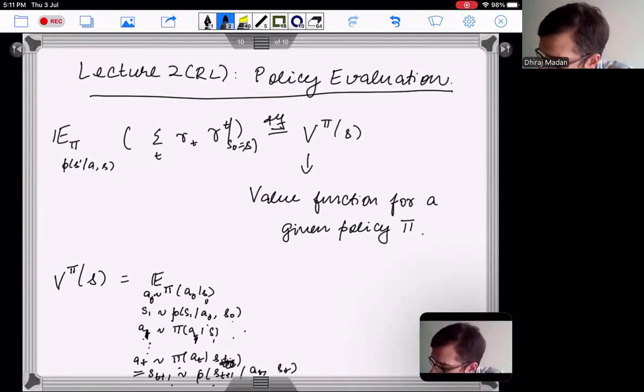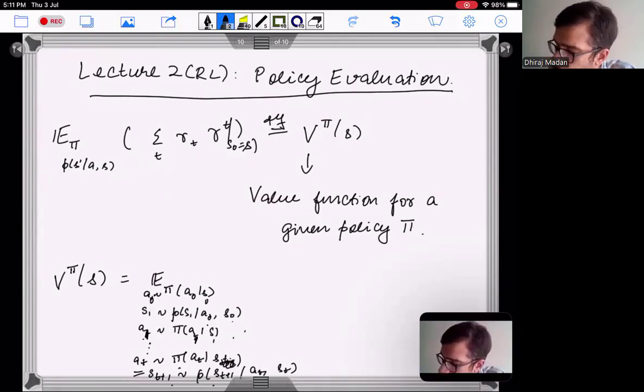Don't get confused with this long chain of equations.